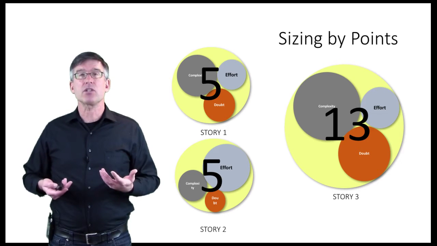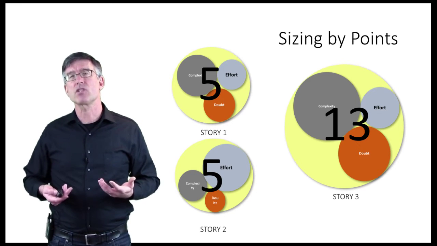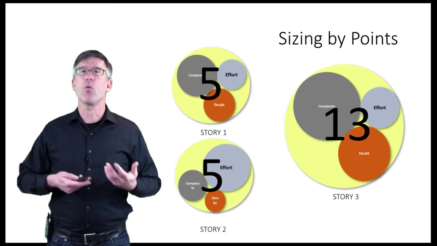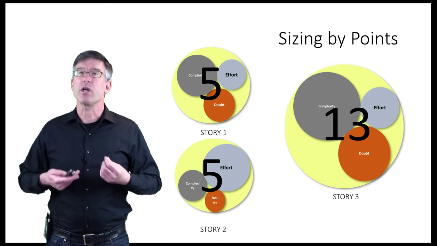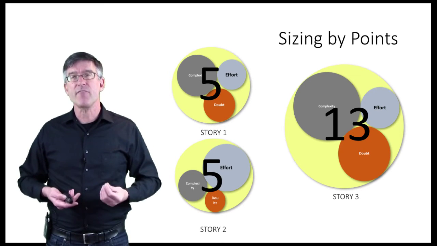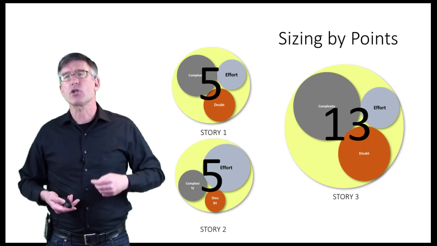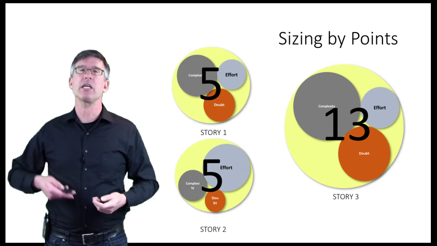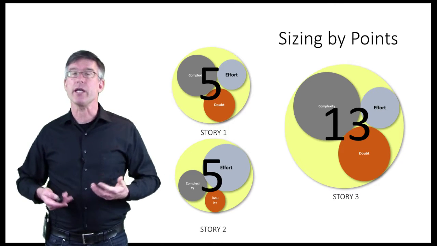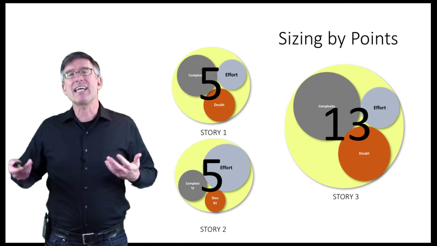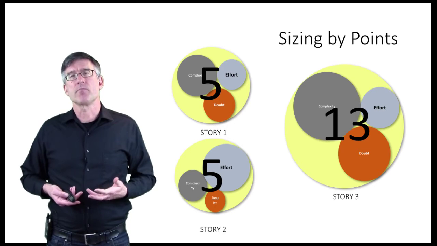And this is very much like the t-shirt size. It's a relative size. It's simply comparing one story to another. If we call a story a 5-point story, then that 5-point story in terms of its complexity, its effort, and uncertainty looks a lot like the other 5-point stories.